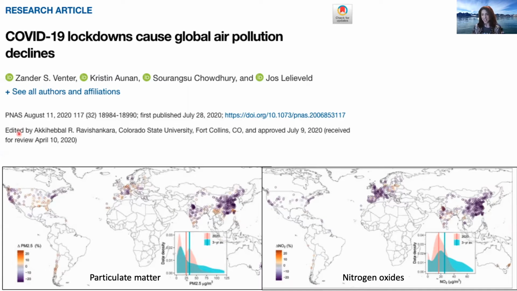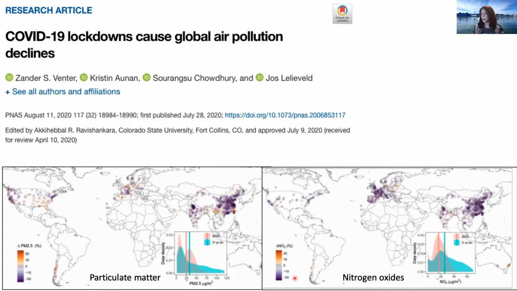Isn't that awesome? So here we have two panels of one figure, one that is showing the reduction in particulate matter compared to baseline, and another one showing the reduction of nitrogen oxides compared to baseline.